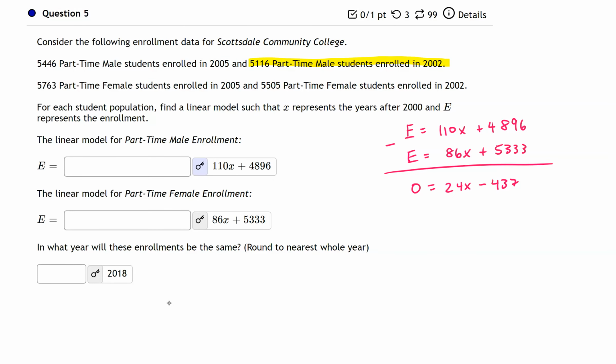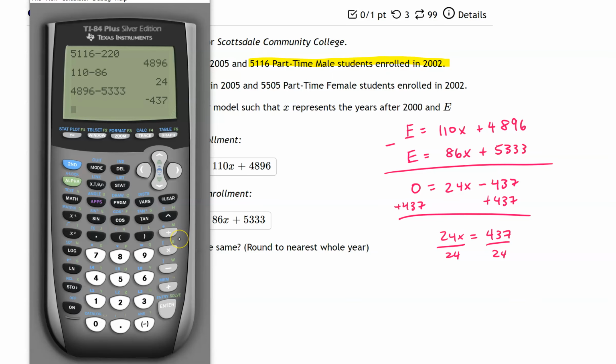Okay, so from here I want to solve for x, so I'm going to add 437 to both sides. So we get 24x equals 437, and then I'm going to divide both sides by 24. So 437 divided by 24 gives us 18.2.